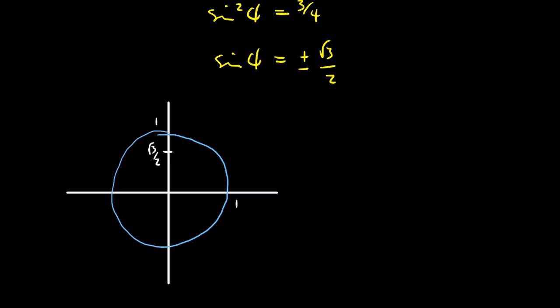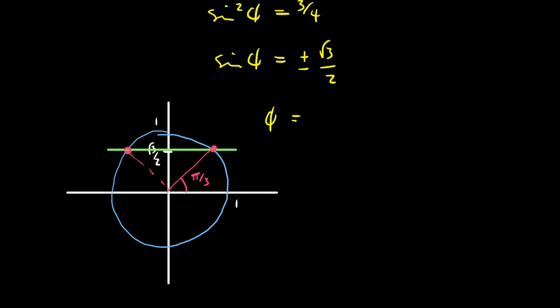And so if I draw that along like this, then I'm going to get two solutions. I'm going to get one solution here, and another solution there. Now, this solution is going to be 60 degrees, or pi upon 3, and that solution is going to be pi minus pi upon 3, which is 2 pi upon 3, but that's too big for us. We're not interested in that.